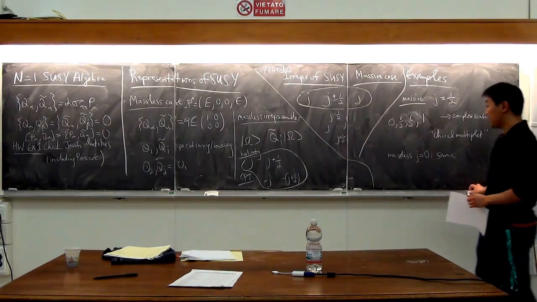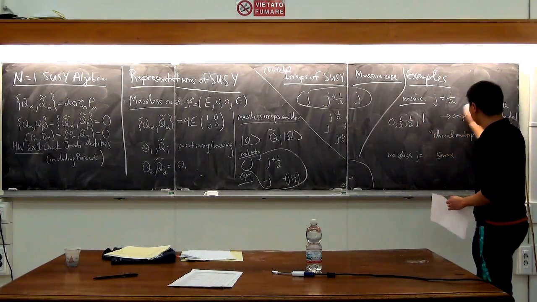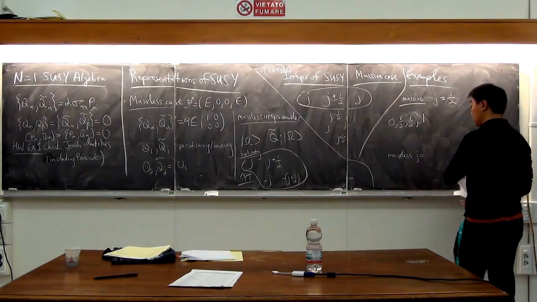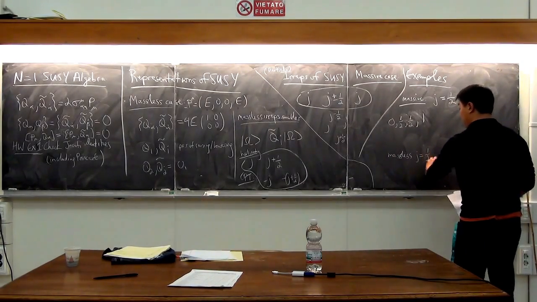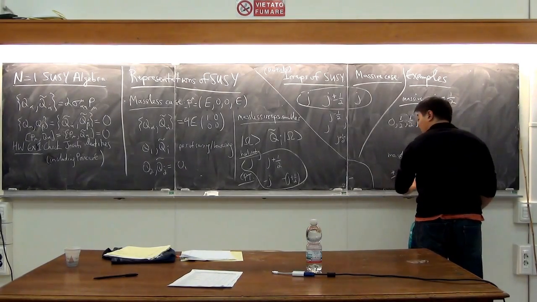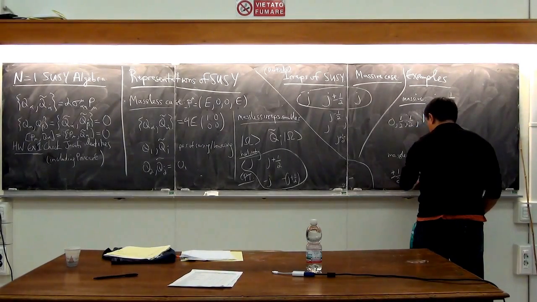And so for the massless case, before I discuss what this means, let me do the massless case. Massless J equals a half. So here I have helicity plus or minus a half, and here I have helicity plus or minus 1.